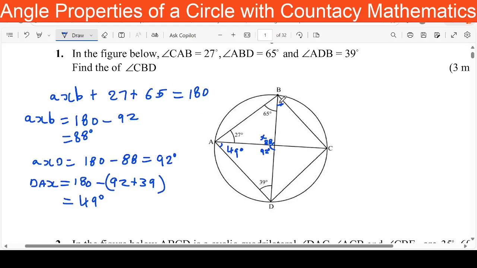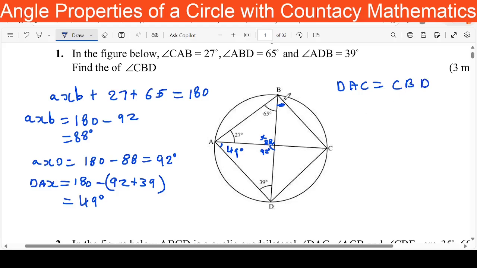CBD, this angle right here is what we want. But you'll realize something interesting over here, and that is angle DAC, which is this one right here, is equivalent to angle CBD. I hope that you can visualize that.